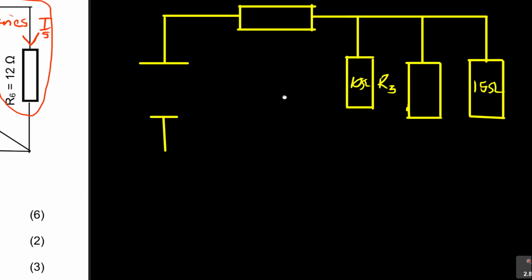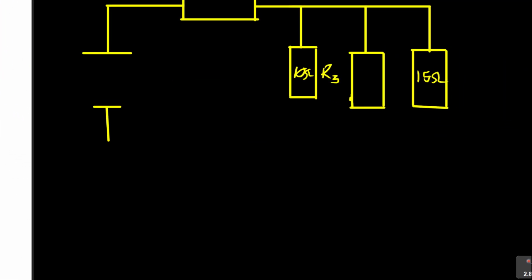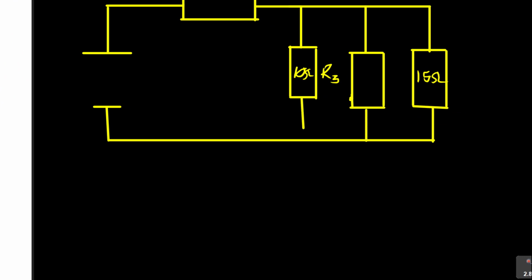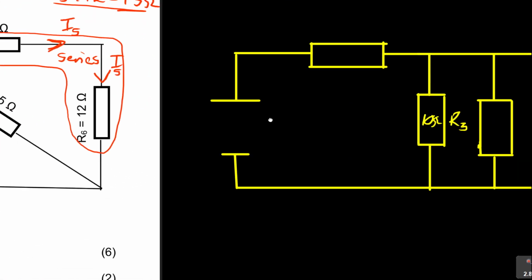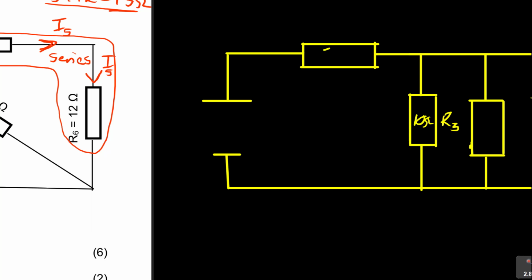So the formula is still going to give me the same answer. Maybe I have not put the diagram right, but the diagram is still like this, because the answer will be the same. The other resistor there is 3 ohms. Yes, this is fine. This is a plus, this is a minus.